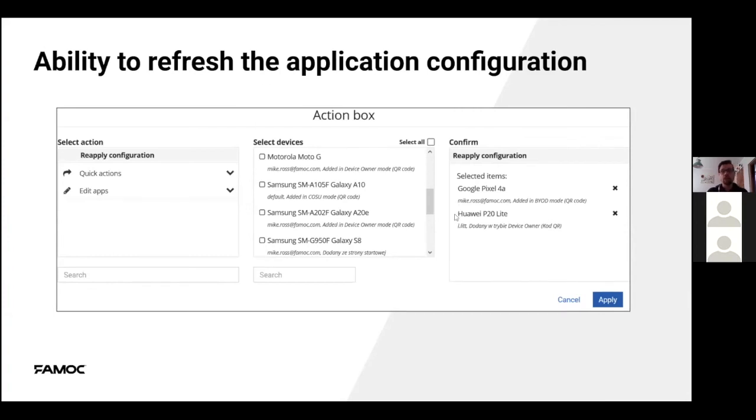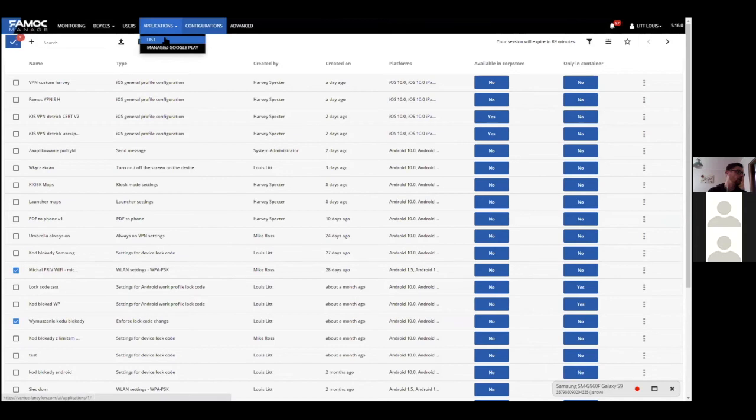So you can create the configuration for a specific application and then refresh it on the device. So why is it a good change? Why is it useful? I will show you on the example of one of the applications.